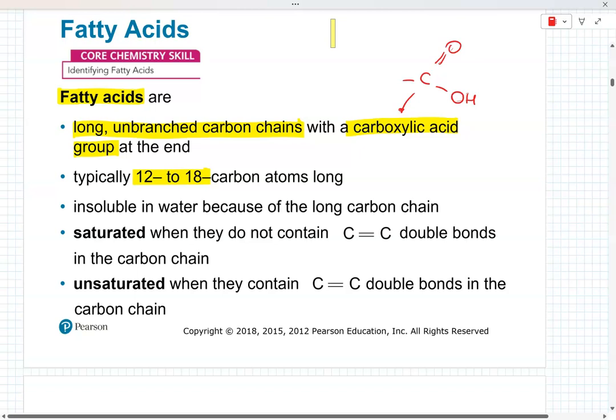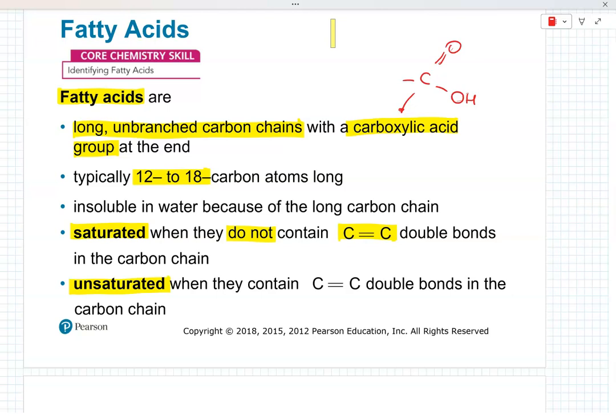And as we mentioned before, they can be divided into saturated, so the ones that do not contain double bonds, and unsaturated, when they have double bonds.